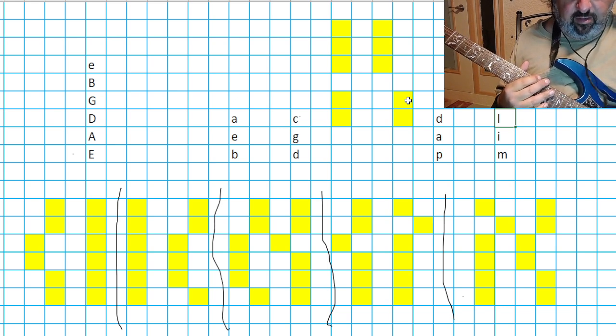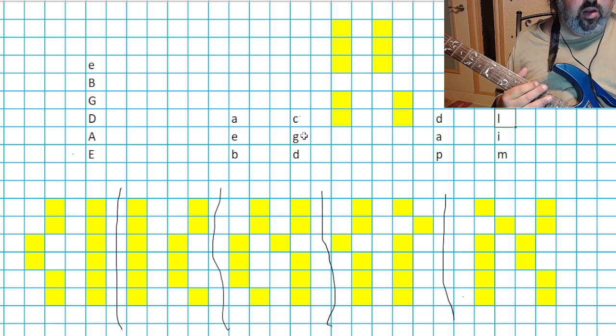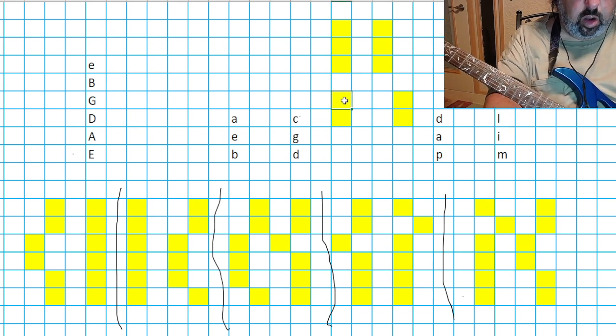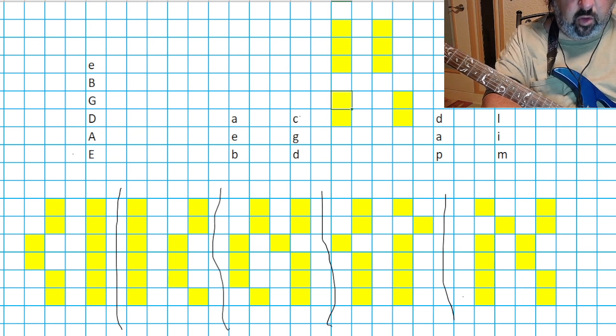let's say I wanted to do the G Ionian scale. Well, check out how this works. We just realized that we're playing the bottom of this shape, correct? So once again, as a matter of fact, what I should do here is change this color to like a minor and this color to major.